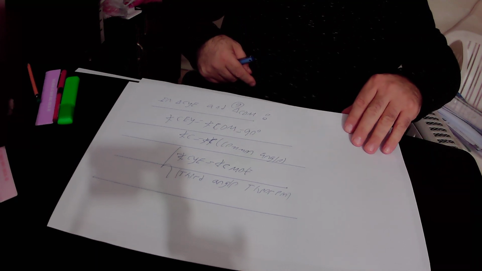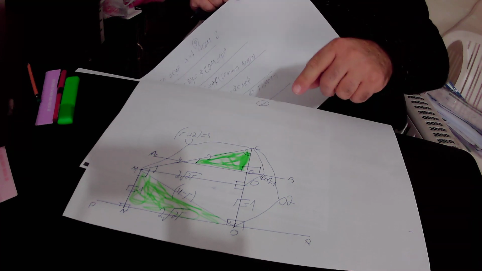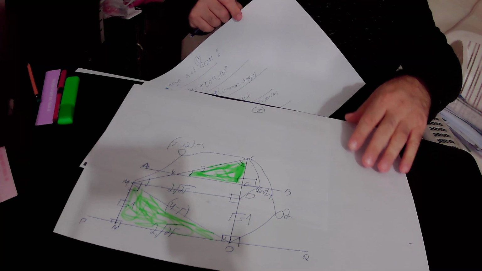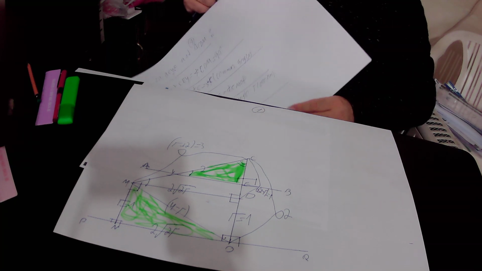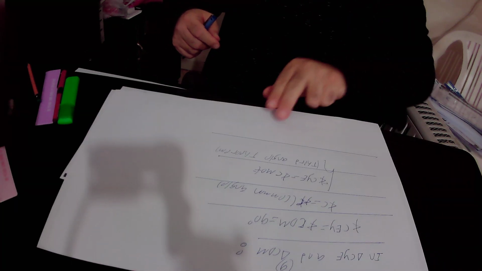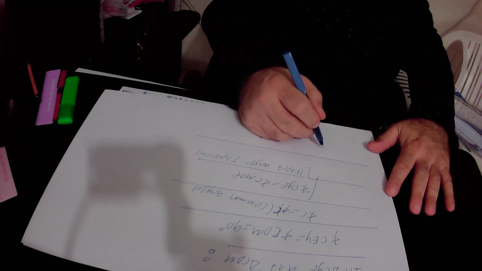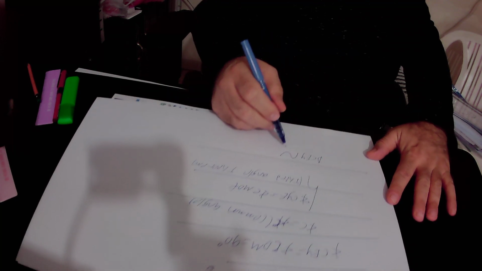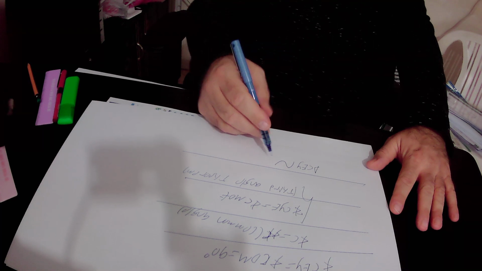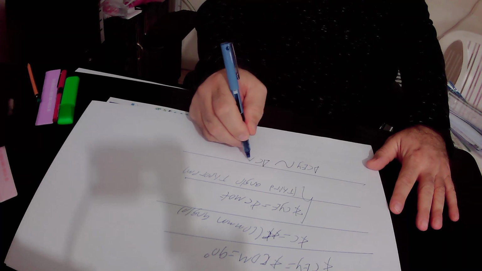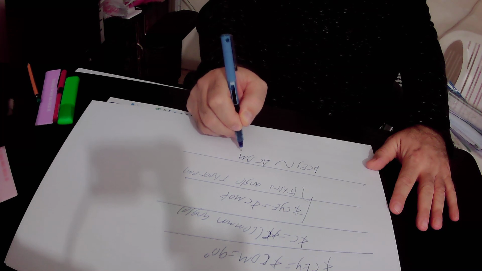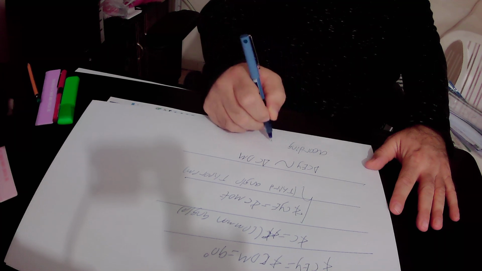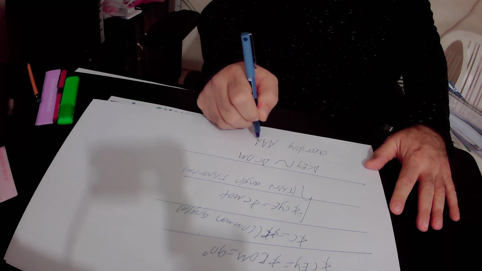Therefore, we proved that those two right triangles are similar to each other according to the angle similarity rule. So I'll write it down. We actually proved the triangle CEY is similar, this is the sign of similar, triangle CEY is similar to triangle CDM according to the angle similarity rule.